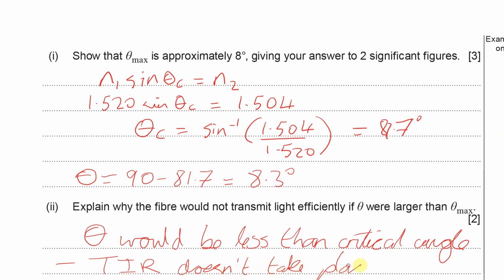That means that light will escape into the cladding each time a reflection takes place. So by the time we get to the end of the fibre, there'll be very little light left.